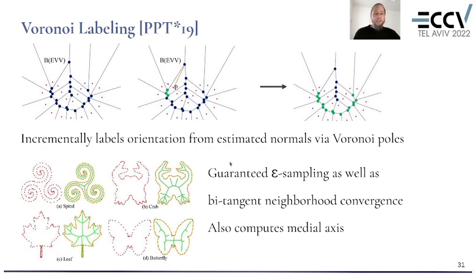This has guaranteed epsilon sampling as well as a bitangent neighborhood convergence. Here you can see some results for point clouds with the medial axis in green.